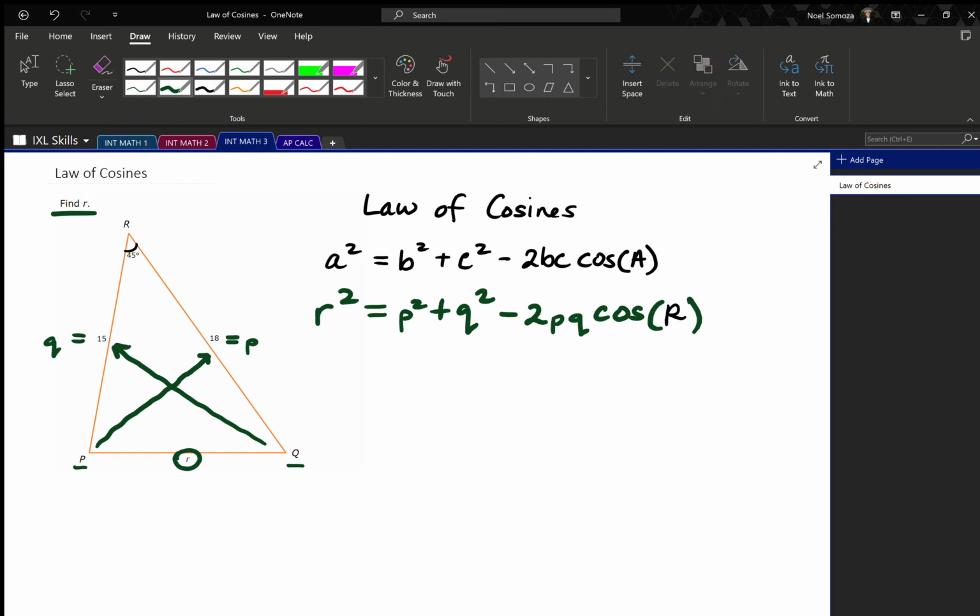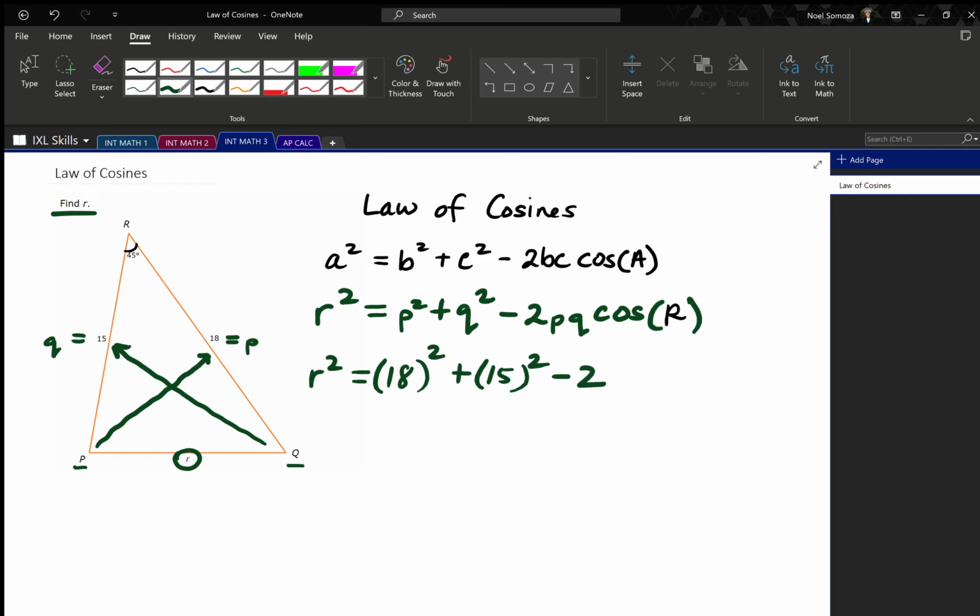All right, so now that I have this translated into this triangle, I'm going to plug in all of the information that I have. So r squared is equal to p squared. Well, p is actually 18, so that will be 18 squared. Plus q squared. Well, little q is actually 15, so 15 squared.